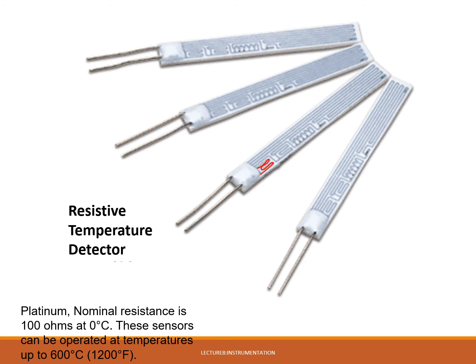For example, with platinum, the resistance will change with the temperature. Based on that function, they designed the RTD, the resistive temperature detector, which is able to measure temperature without any power supply.